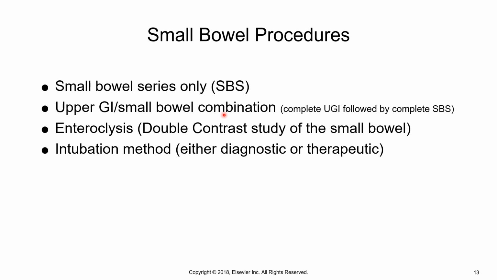Usually it's called an SBFT, and it's small bowel follow through. That is a complete upper GI followed by a complete small bowel series. They can order what's called an enterocolysis, and that is the only double contrast study of the small intestine. And then they could also order what's called an intubation method.